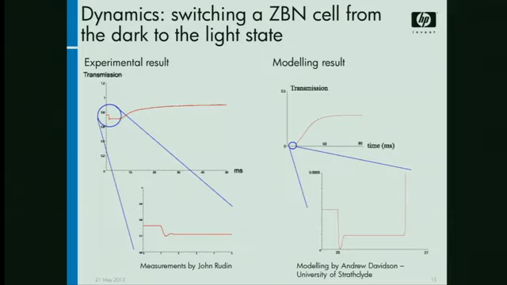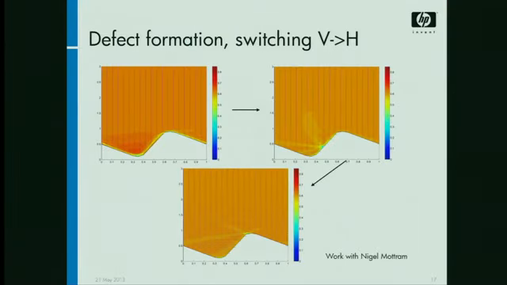It was useful in getting some insight about what's happening, but the next stage was to develop a Q-tensor model, and we did that with Nigel Mottram, Strathclyde. We were able to show switching in the difficult direction, if you like, with the formation of defects somehow in the groove, and then the defects moving on the surface to give us our final stable state. So again, flexoelectricity did seem to explain at least some of what was happening.